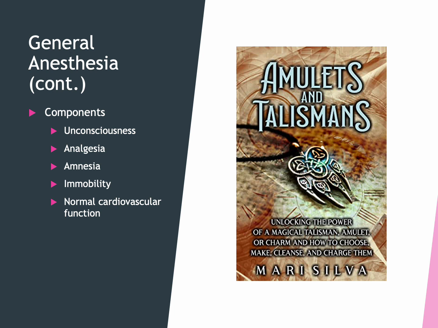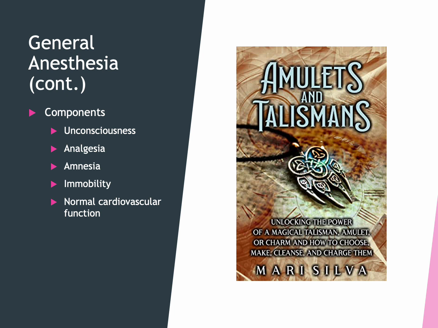General anesthesia has 5 primary goals, and I want to review those. The first goal is to make sure that patients remain unconscious. This means that they are unaware and they do not respond to any stimuli. Secondly, we want to ensure that the patient is pain-free, and this is referred to as analgesia.